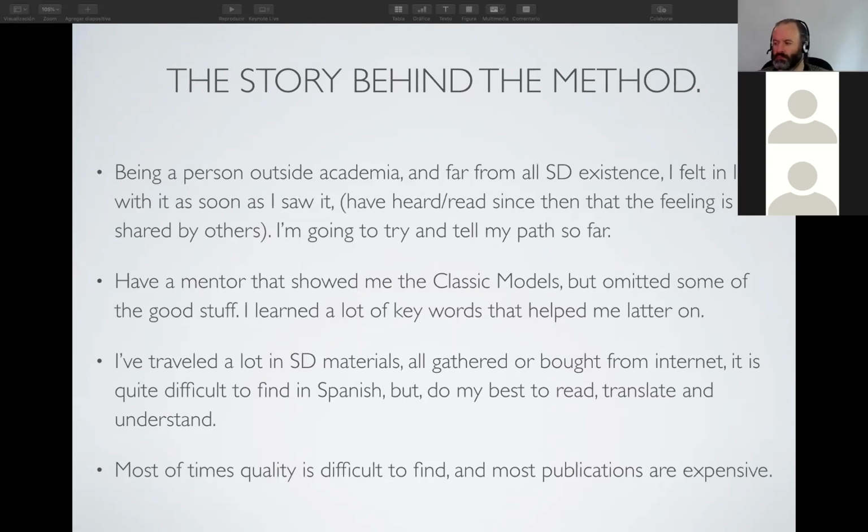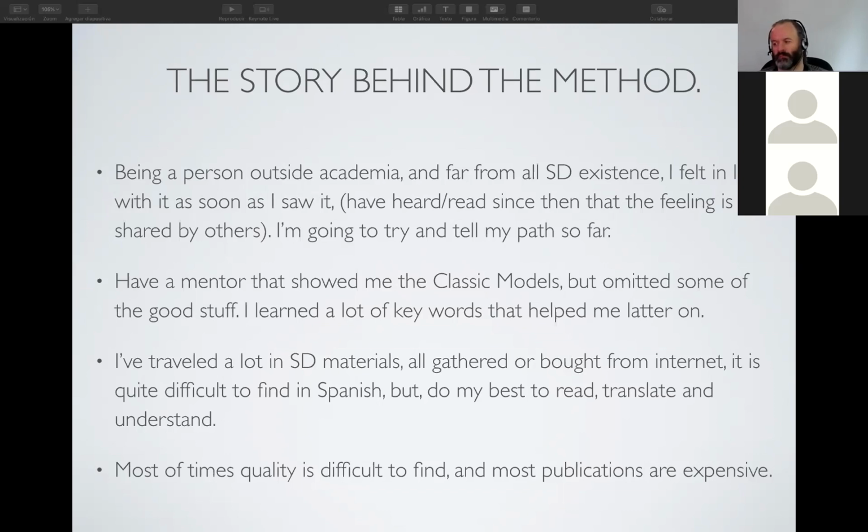I think that I have heard this a lot of times, that this was what I was waiting for. I was seeking something like this, but I didn't know it existed. So right now I'm going to try to tell the path that I followed to be here.